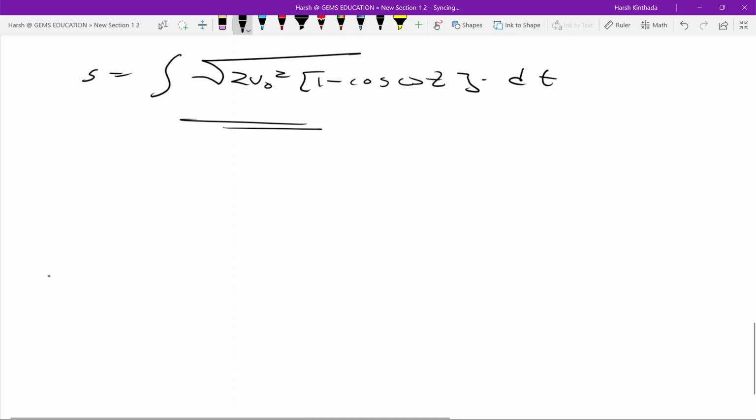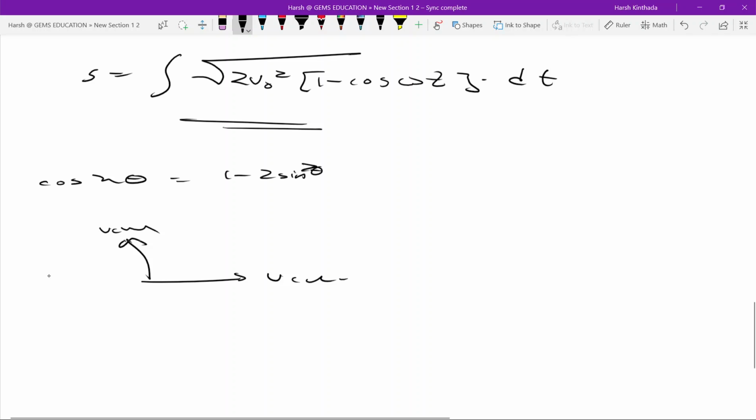Okay, great. We also know that cos 2 theta equals 1 minus 2 sin square theta. Just keep this for later. So we'll have 1 minus cos omega t equal to 2 sin square omega t by 2.